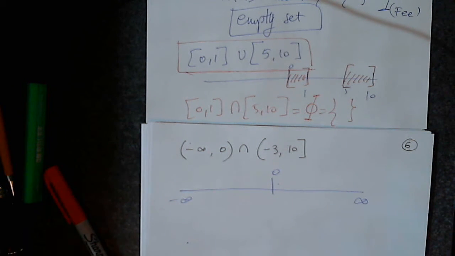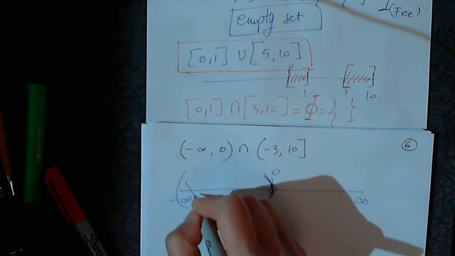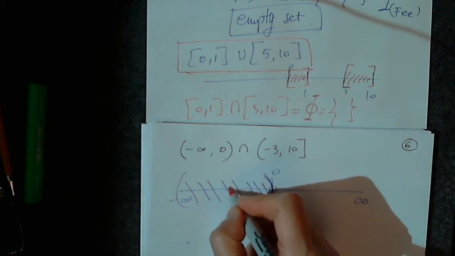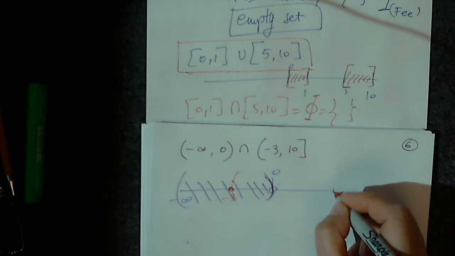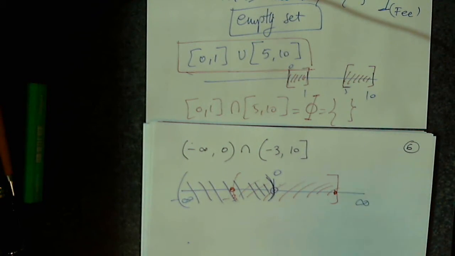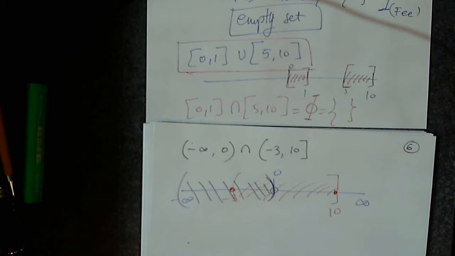And I will represent the first set clearly to the left-hand side of 0. And I will represent the other interval between negative 3 and 10. So here's negative 3, and here's 10. And I would like you to give me the intersection of these two intervals. What will you say? What should I write?